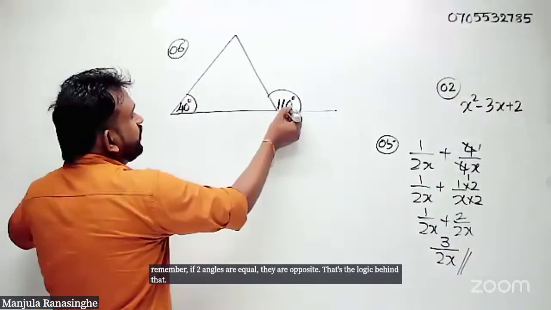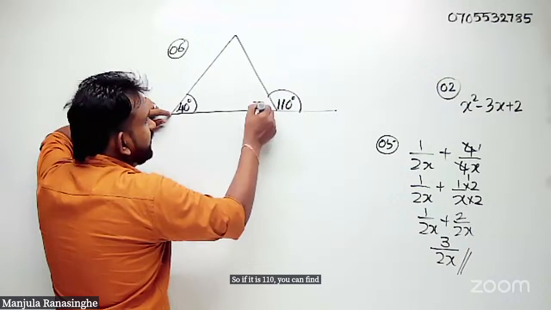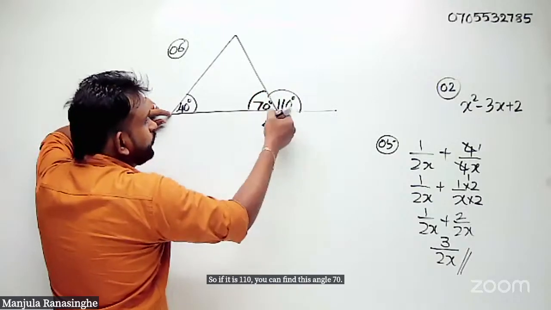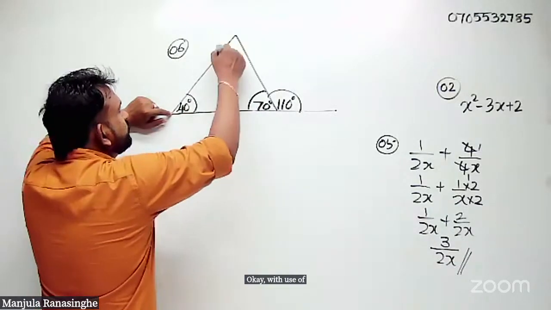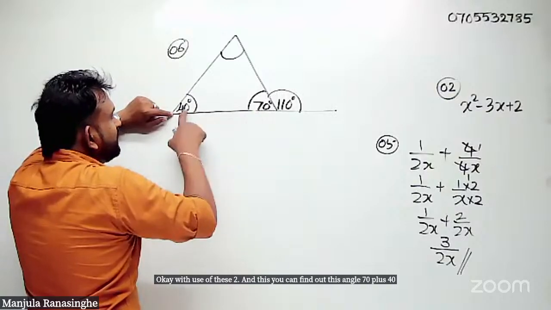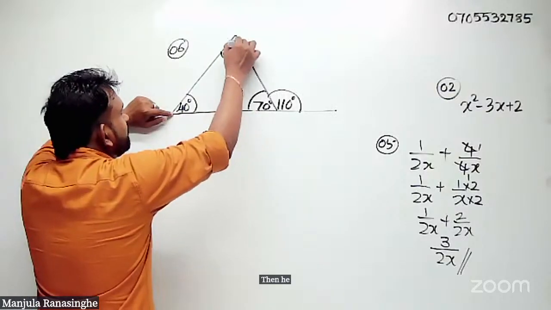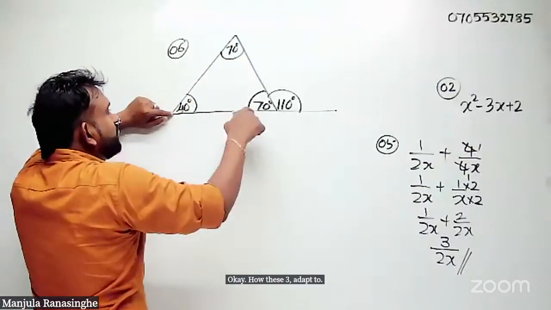If it is 110, you can find this angle 70, because these two add up to 180. With these two, you can find this angle, 70 plus 40, 110. Then here also 70, so these three add up to 180.